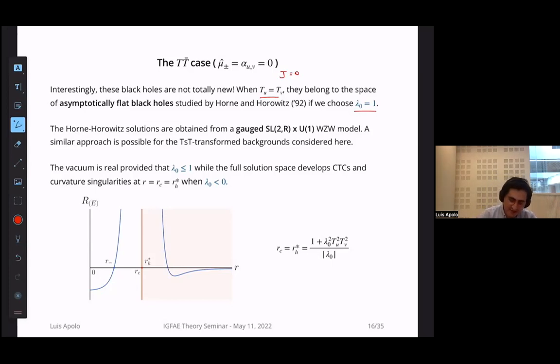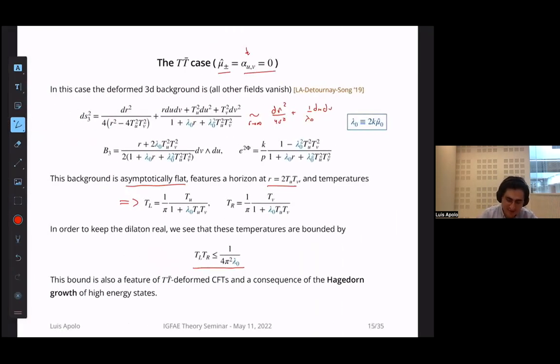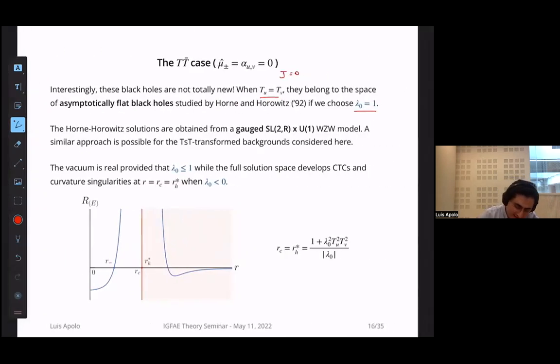Now, when we stare at these solutions for some time, you will find that the vacuum, the ground state solution, is real provided that this parameter is less than 1, and that the solution develops CTCs, closed time-like curves, and curvature singularities at some value of the radial coordinate whenever this lambda naught parameter is negative. What I have plotted here is the Ricci scalar in the Einstein frame.